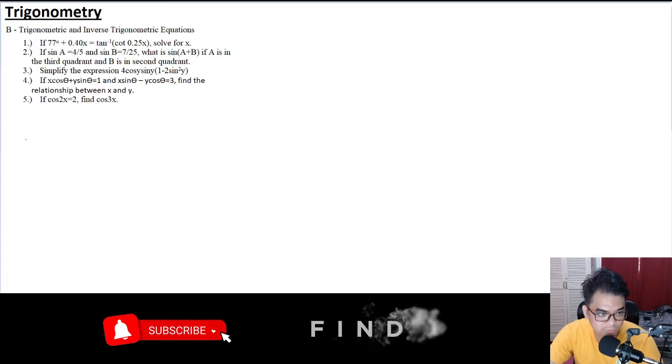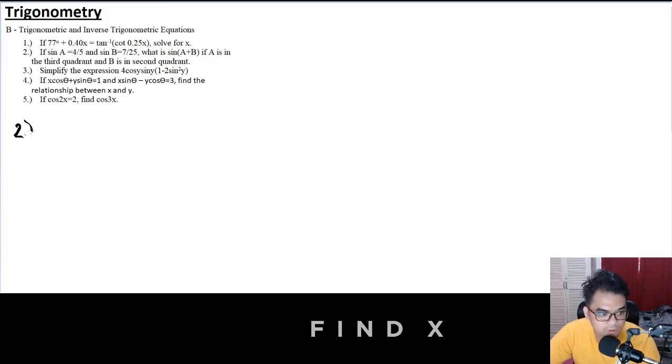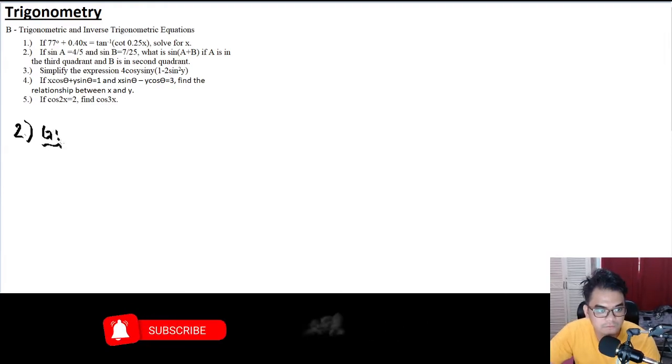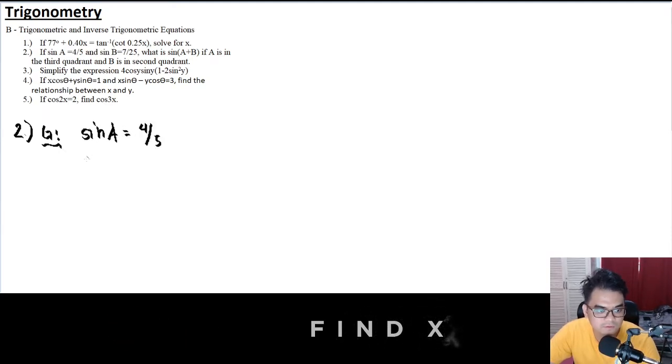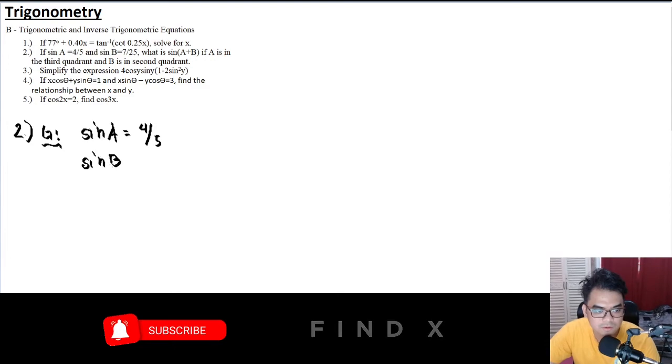Okay, so for our next problem, we have number 2, right? So the given, we have sine A is equal to 4/5 and sine B is equal to 7/25.